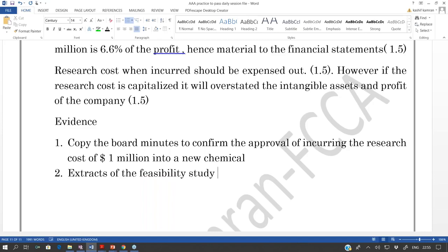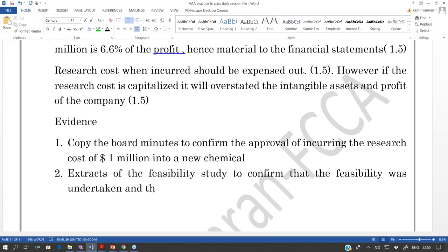Extracts of the feasibility study to confirm that the feasibility was undertaken, and the new chemical is commercially viable. So I can have the extracts of the feasibility study because it's a big document. I can have a copy of the board minutes.